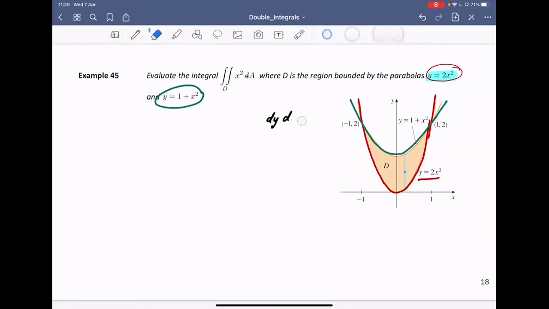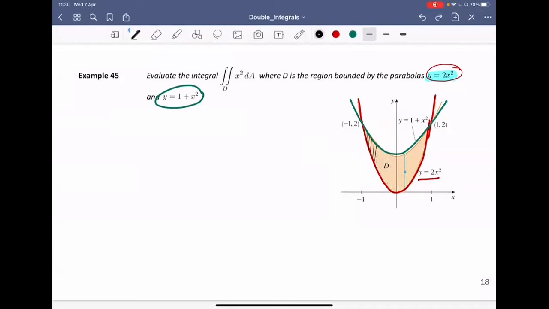If you look at the picture, this is the key point. It is better to draw a vertical line, because every time you draw a vertical line here, you get the integration from the red curve to the green curve all the time, right? Red to green, for the whole region.